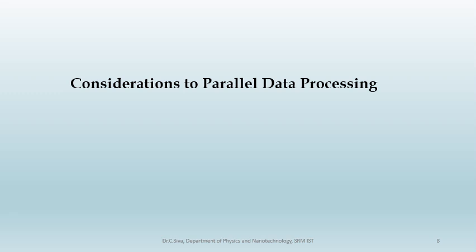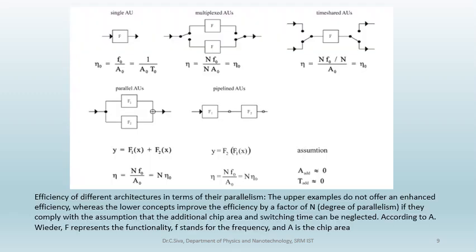Considerations for parallel data processing. We now shift to analyzing parallelism from an efficiency standpoint. Efficiency generally decreases when active chip area or clock frequency increases. When the area becomes larger, it takes more time to switch from one place to another.